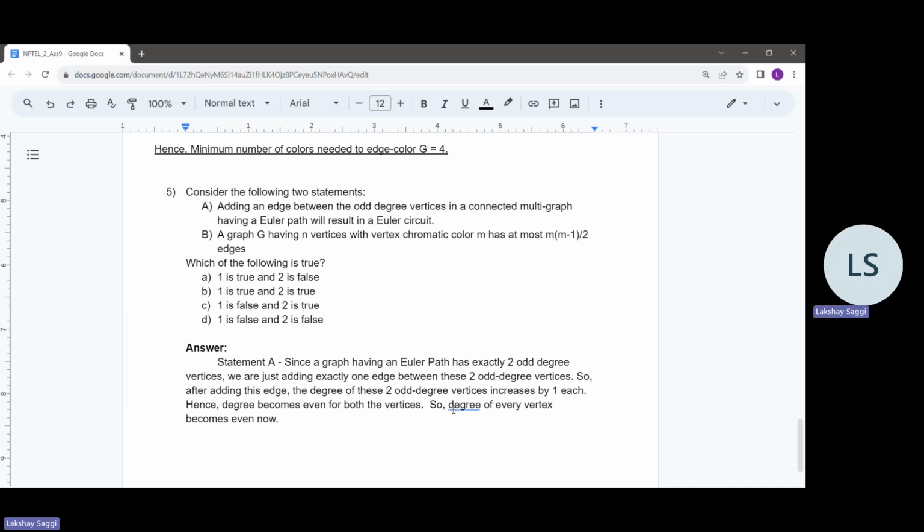I guess it's easy to see because earlier we had only two odd degree vertices and we added an edge between them. So their degree becomes even, and all of the other vertices have degree unchanged, which was even already. So every vertex now has an even degree. Now, what property can we say?